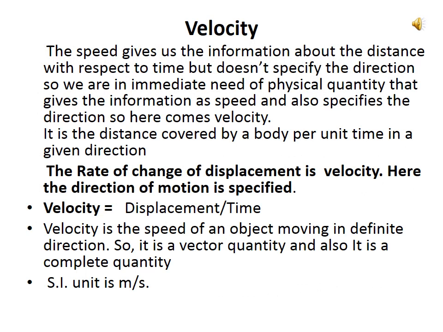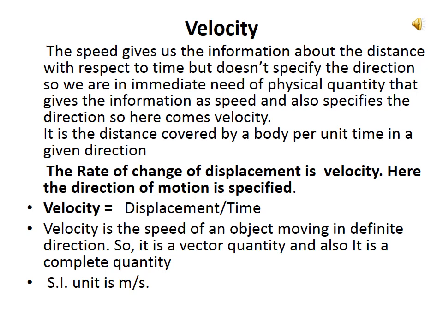The next physical quantity is velocity. We know that speed gives us information about distance with respect to time, but does not specify the direction. So we are in immediate need of a physical quantity that gives the information of speed and also specifies the direction. So here comes velocity.